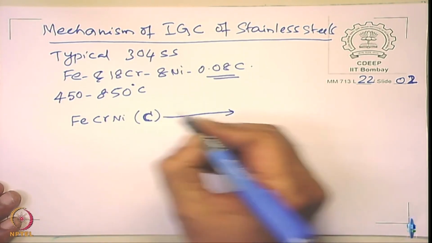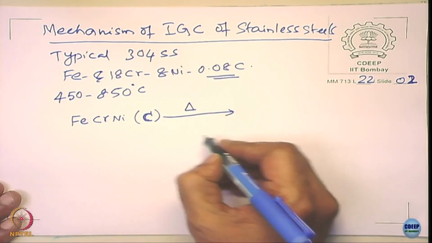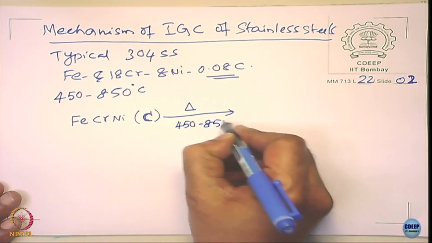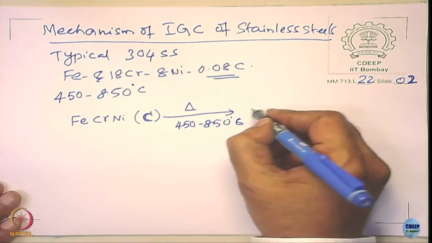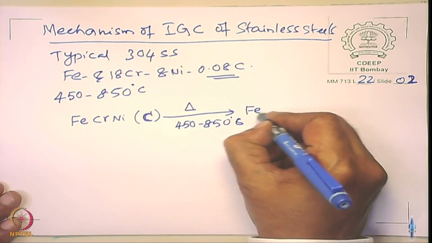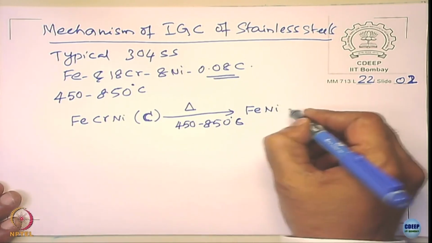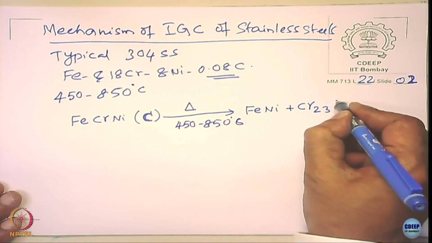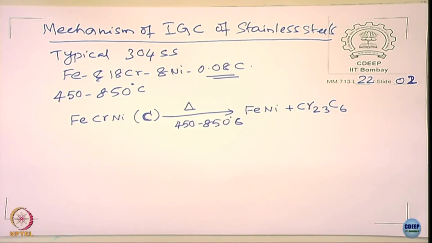Now what happens when you heat it in the range of 450 to 850 degrees Celsius? You will have iron and nickel remaining here, and Cr23C6 forms here.